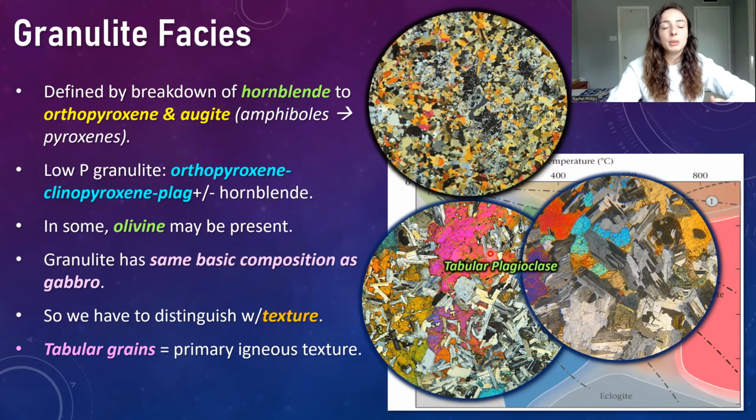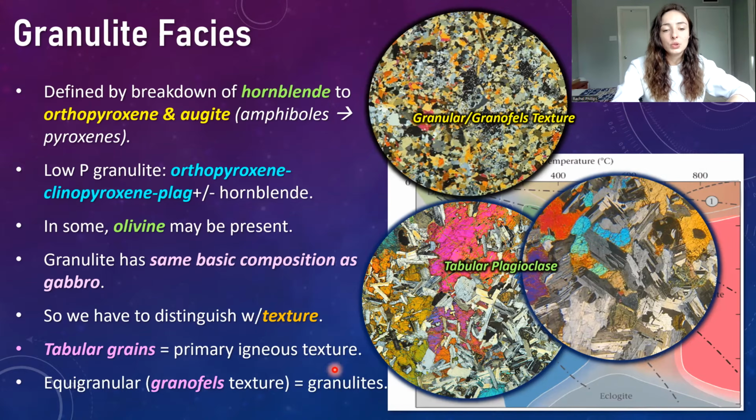And so that caused them to be more anhedral, or with poorly defined crystal faces, than they would be if they had formed earlier in the crystallization as euhedral, blocky, well-defined crystal face pyroxenes. They seem to have been more blobby, which is fine because we still know that it's primary igneous texture because of the plagioclase tabular texture.